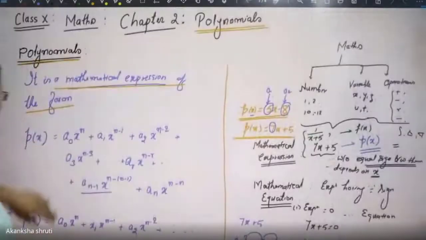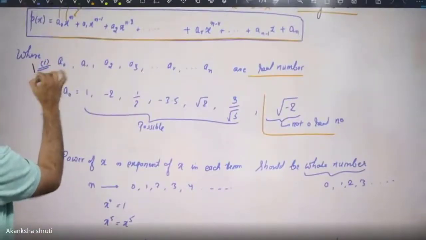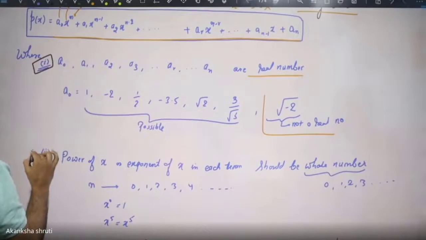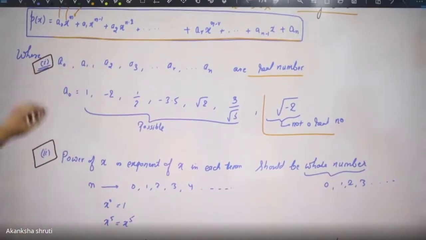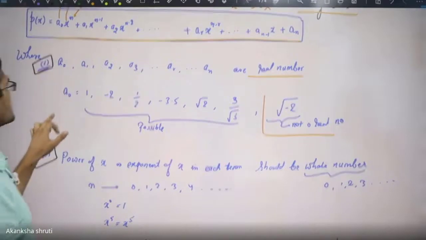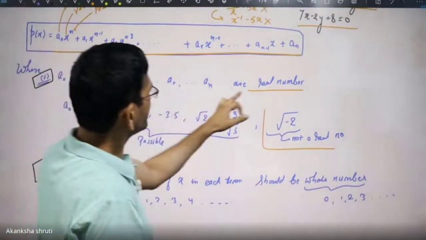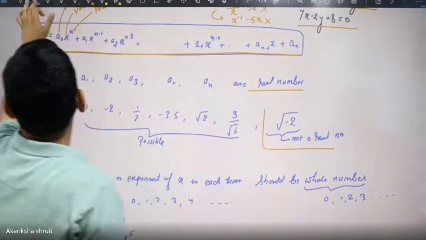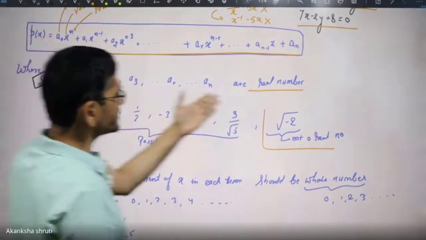Students, for this to be a polynomial, I need to check these two things. First is this, second one is this. These two things are very important. Here a1, a2, a3, a4 are real. What were these a1, a2, a3, a4, an?